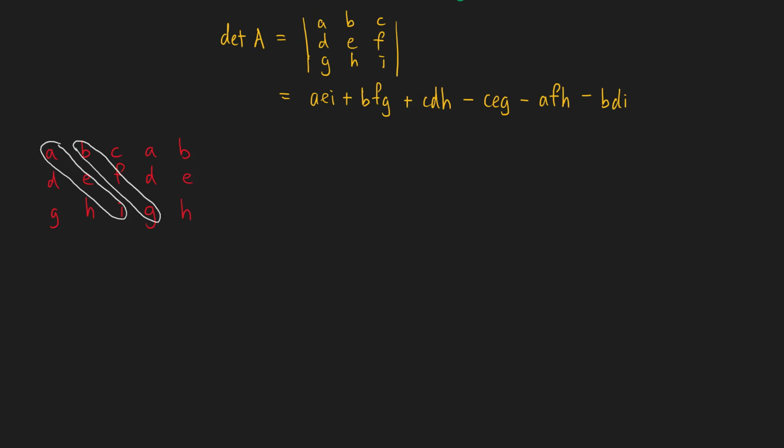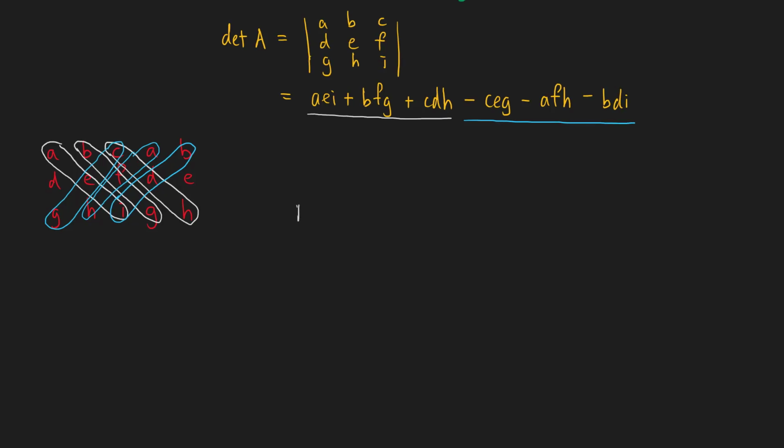And similarly, cdh is the product of the diagonal entries on the right of bfg. This gives the first three terms, which are all positive. The other three terms, which are all negative, are the products of three other diagonals which go in the other direction. Even though this is a good place to start, it is still not a very easy way to remember.